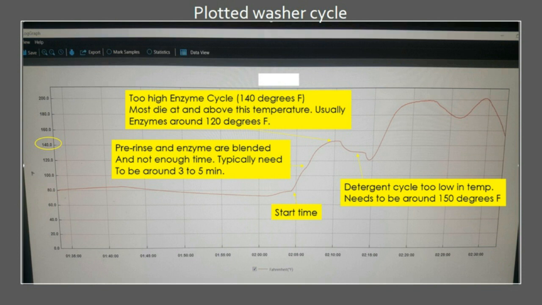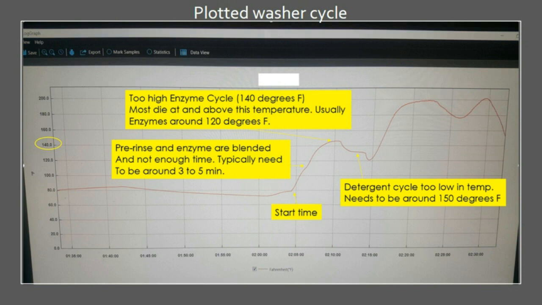Then you see our next kind of issue is that it's too high in the enzyme cycle. It's 140 Fahrenheit it hit, and most enzymes die at and above that temperature. Usually enzymes are around 120, and that was one of the things that I had said before. So think about that. There are enzymes in your detergent.